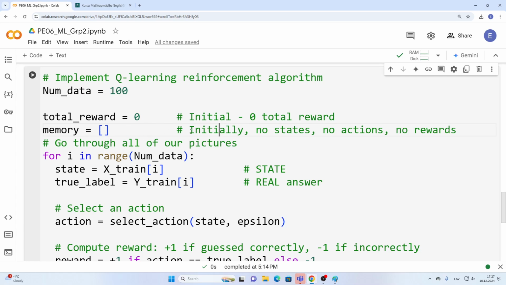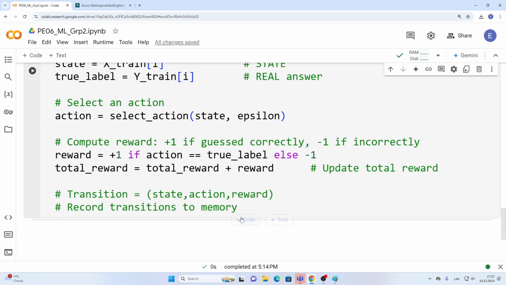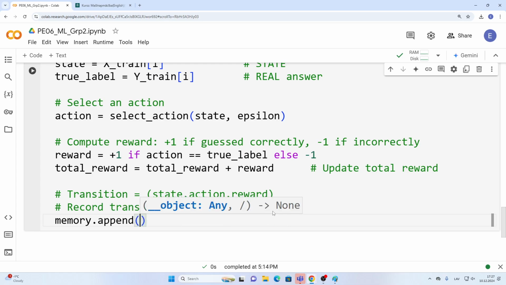So now that we have, for a certain picture, selected a certain action, saying what it is, and got our certain reward for that, we can save these results in the memory. So we say memory append, so we add to the memory these 3 components in the data type called a tuple.